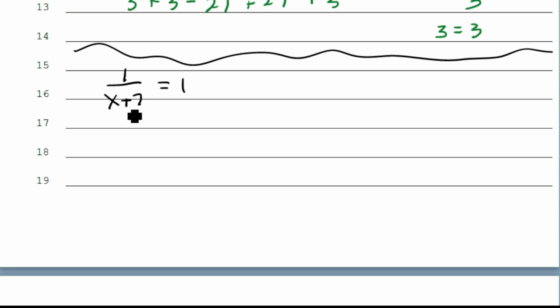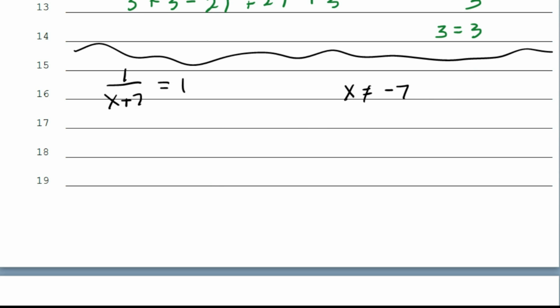If x were minus 7, the denominator would be 0 and it would be undefined. It's not that it doesn't exist, it's not that it's 0, it's called undefined. So right off the bat you have to put down the restriction that x cannot equal minus 7.